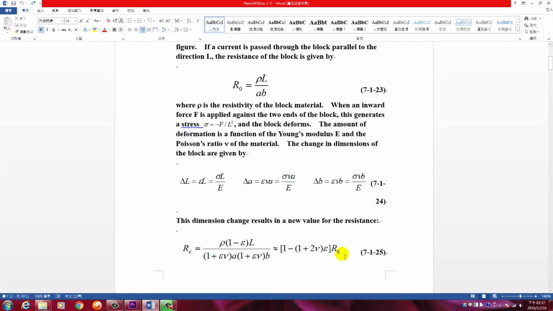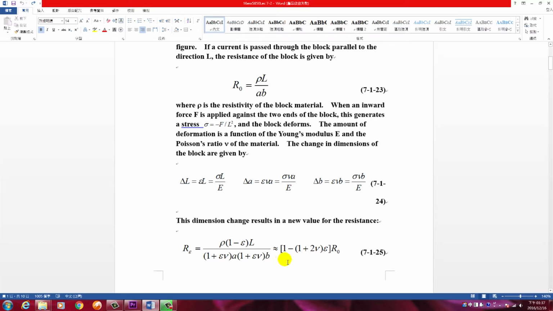If mu equals 0.3, that means the strain on the height or on the width is only 30% of the strain on the length side. So on the bottom it becomes taller and wider.